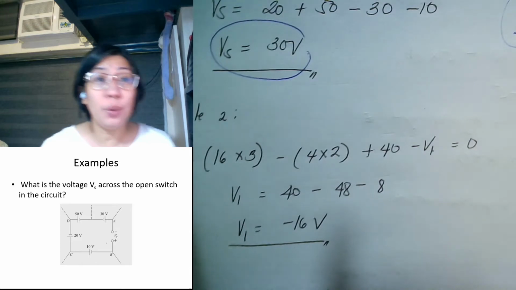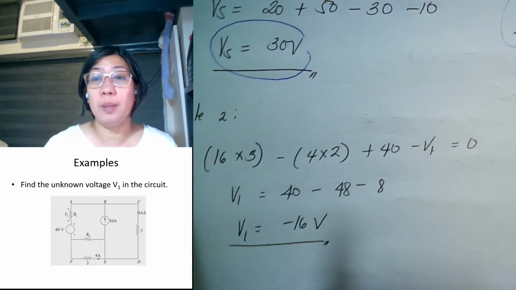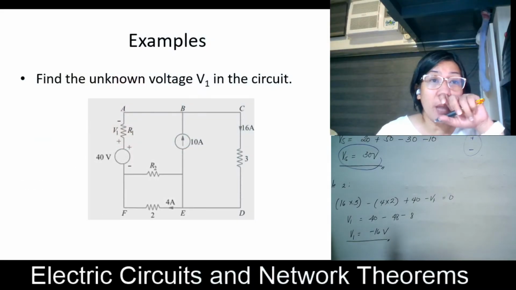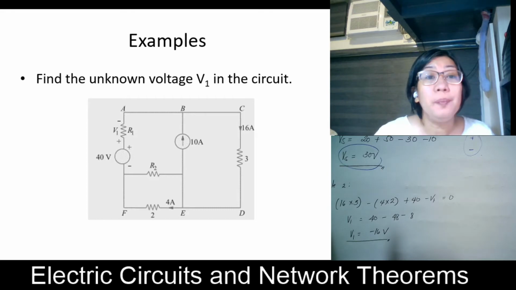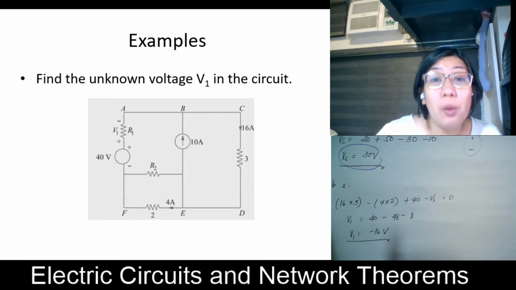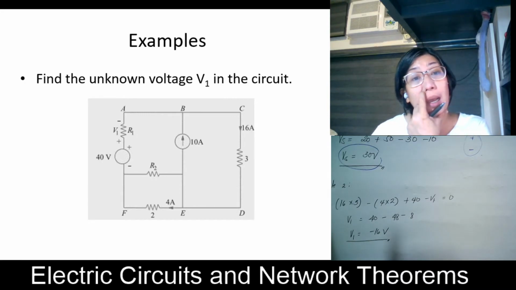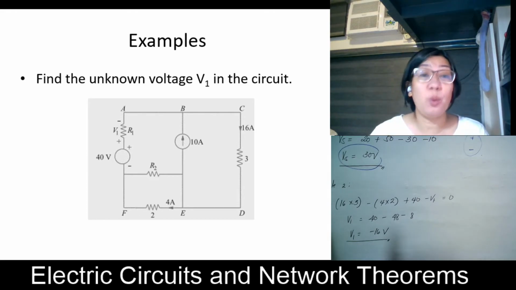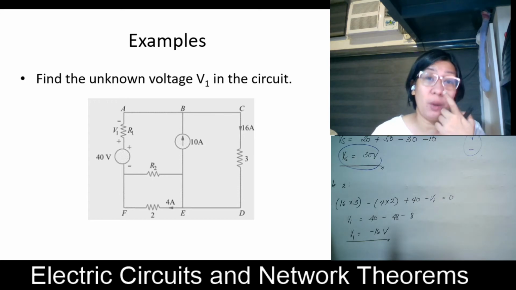Okay, so let's go to our next example. We have here: find the unknown voltage V1 in the circuit. Where is V1? V1 is the voltage across R1. We don't know R1, so let us see. In order for us to know V1, we have to solve first for I, the current flowing across R1.